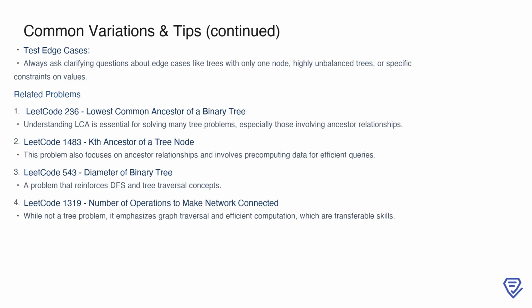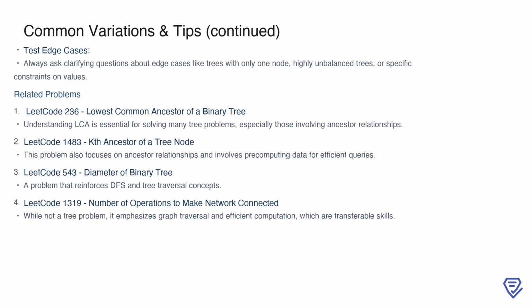Additionally, understanding related problems can deepen your ability to recognize patterns and apply transferable skills. For example, LeetCode 236, which focuses on finding the lowest common ancestor of a binary tree, is directly relevant for ancestor-based problems. Similarly, LeetCode 1483, which deals with the kth ancestor of a tree node, emphasizes pre-computing data for efficient queries.